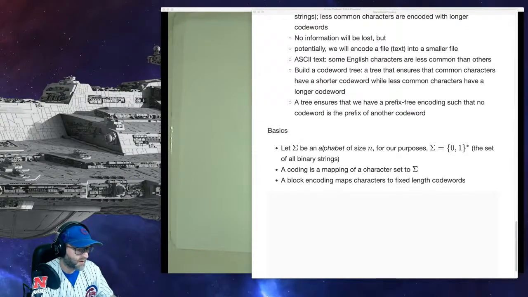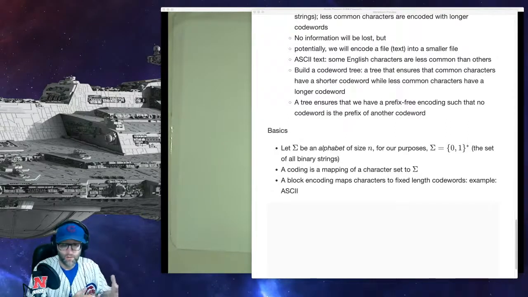For example, ASCII. We'll just look at the extended ASCII character set. Capital A has a value of 65. In binary, that's going to be 0, 1, a bunch of zeros, and then 1 at the end.